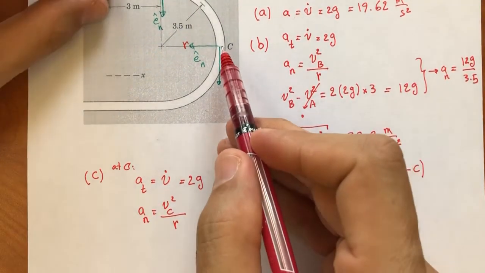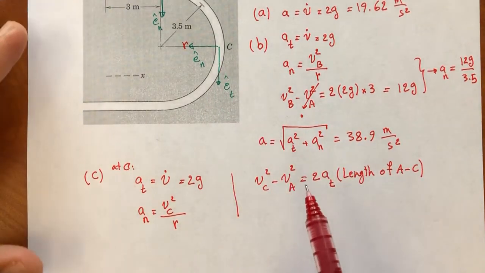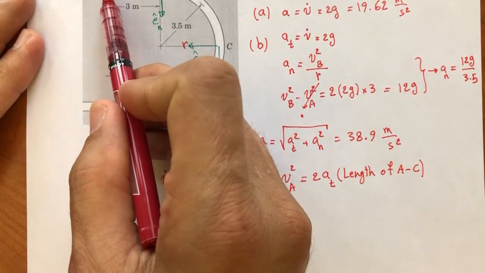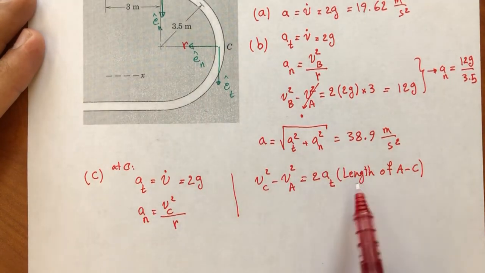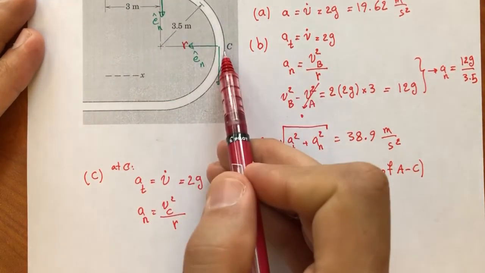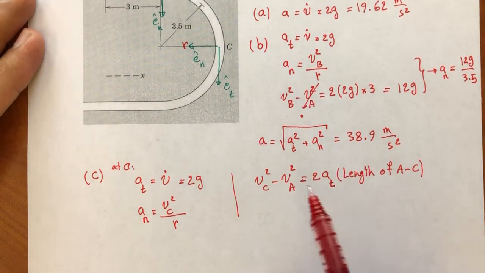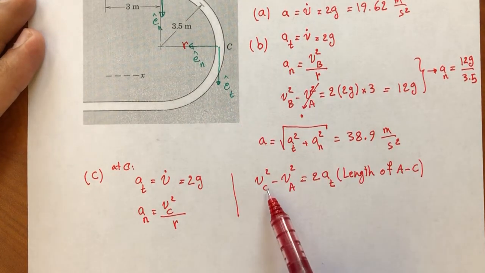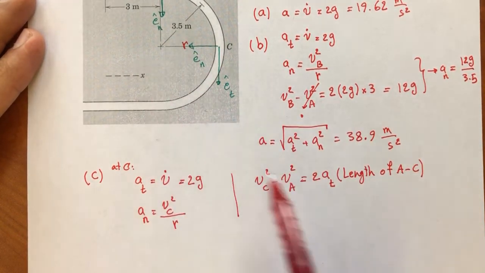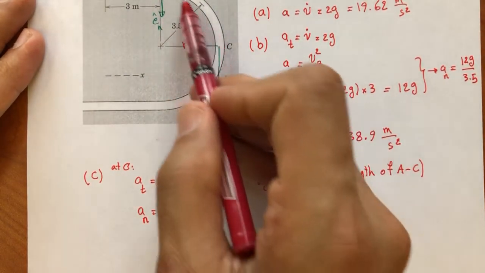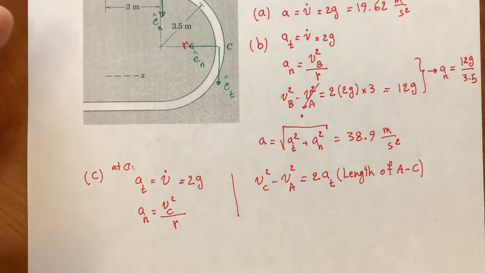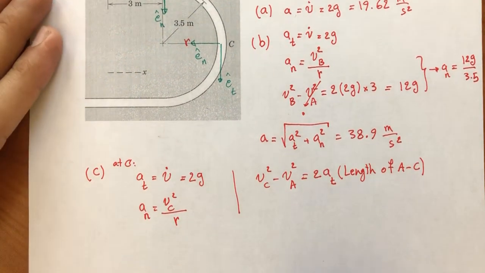So if I grab this path and stretch it and make it a straight line, the displacement from A to C is going to be the length of this path. Or you can write the same equation between B and C. It's absolutely up to you. Then in that case, we are going to have VC squared minus VB squared is equal to 2 times At times the length of the arc BC. Both of them are going to give you the same answer.